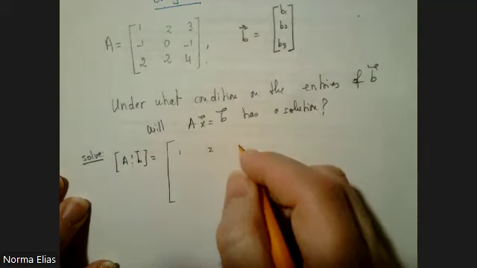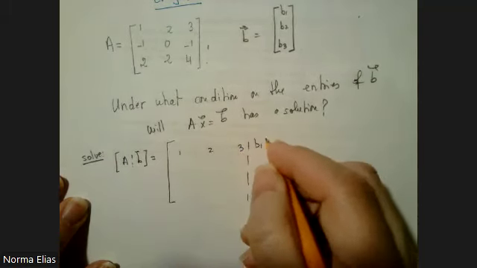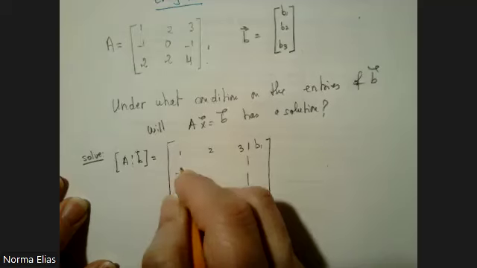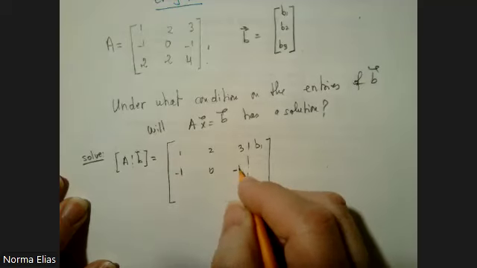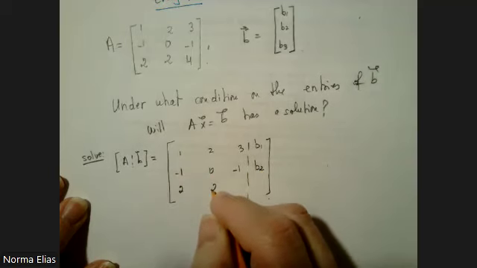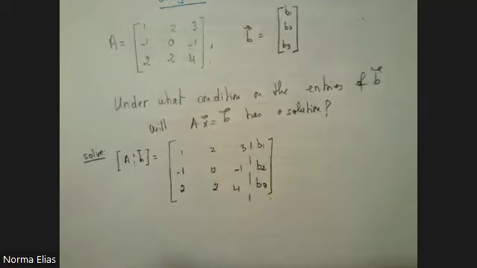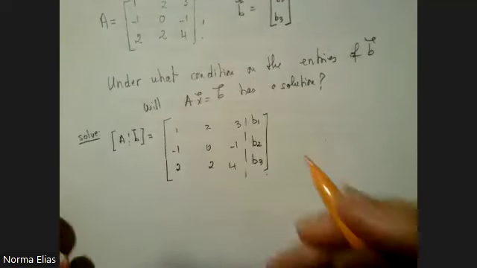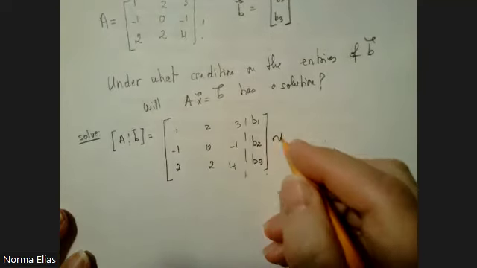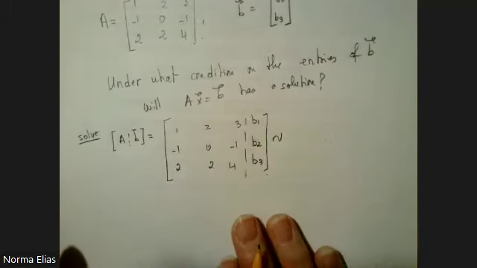1, 2, 3, B1, and -1, 0, -1, B2, 2, 2, 4, and B3. Okay. And I will reduce because I have no idea what condition those should satisfy for us to have a solution.